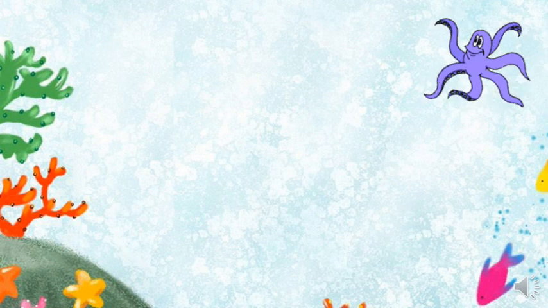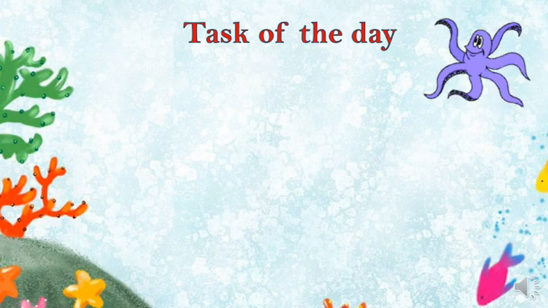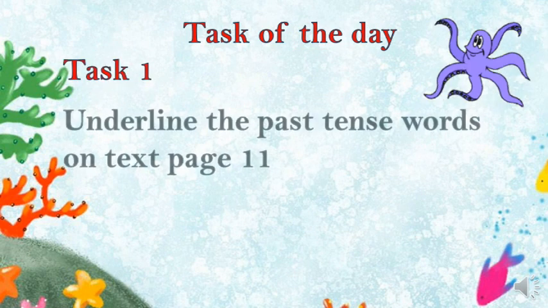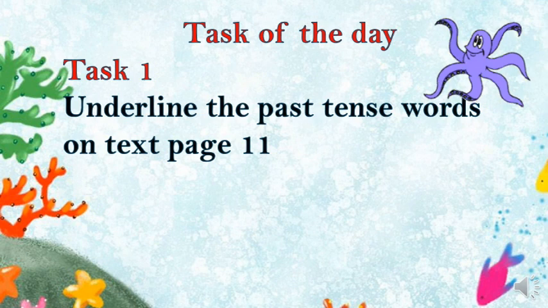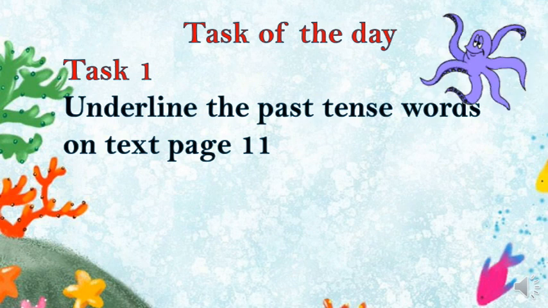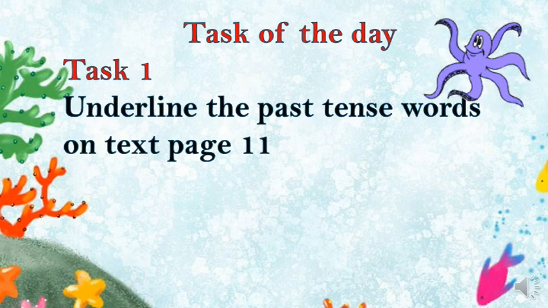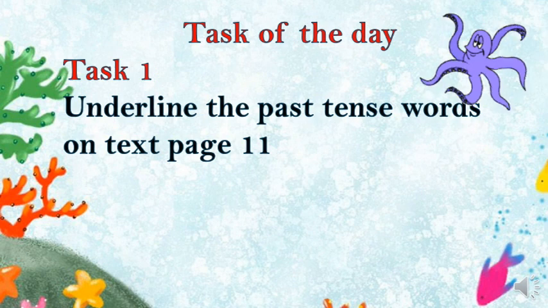Okay, students, now I'm sure that you will be able to complete the task that I'm going to give you. There are two tasks for the day. Task 1 is, as I said before, you have to underline the past tense words that you come across when you read the text on page 11.